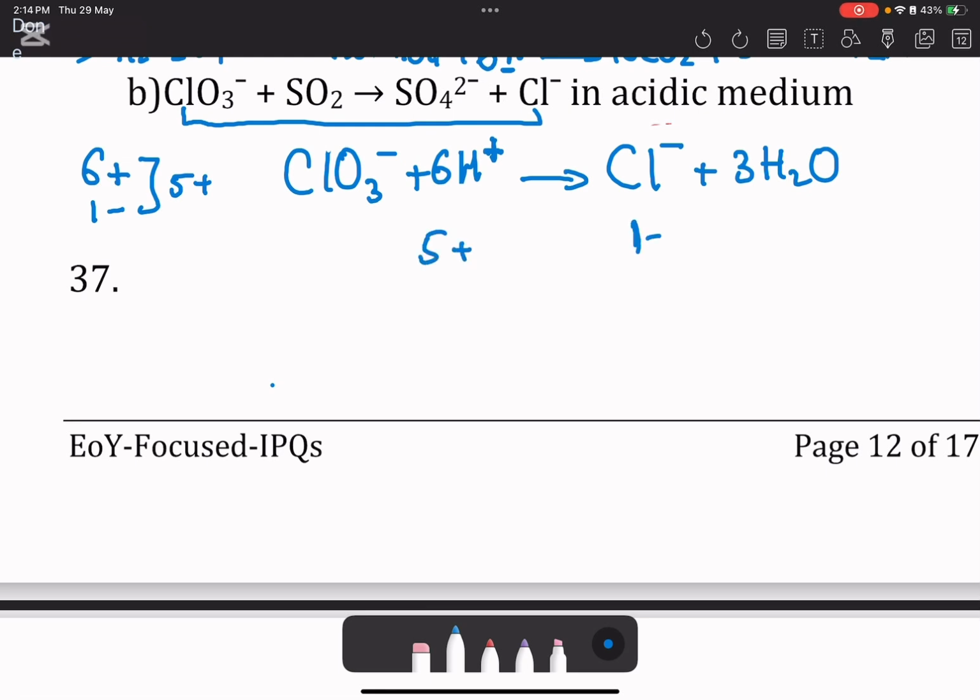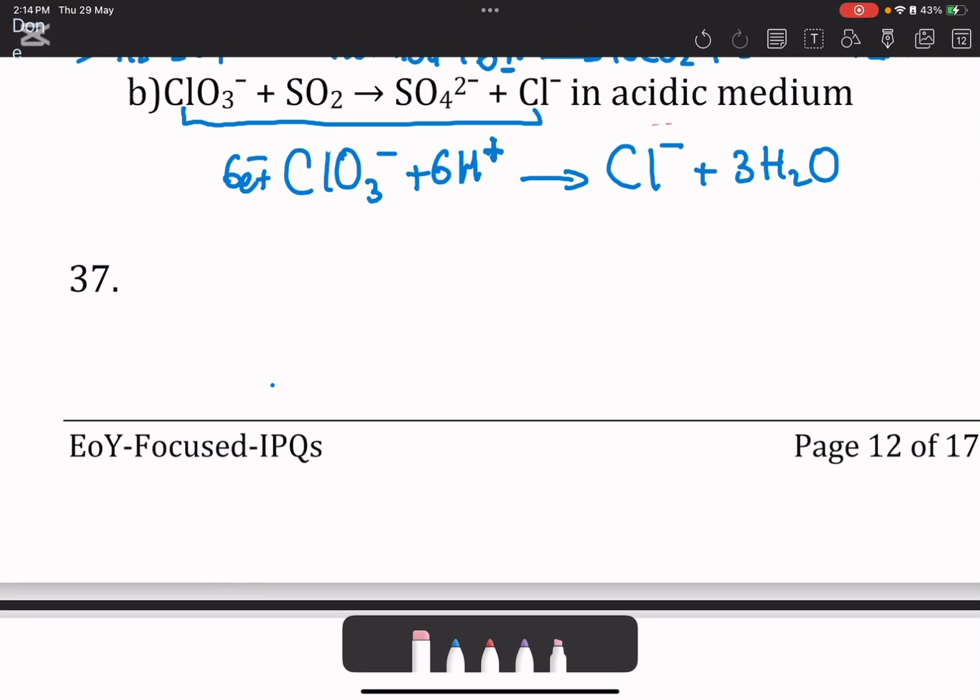So 5 plus versus minus 1, that's the higher side. How can I drop the 5 plus to minus 1? If I added 5 electrons, this is going to be 0, so it won't reach minus 1. I need to add 6 electrons. So therefore, we add 6 electrons on this side.